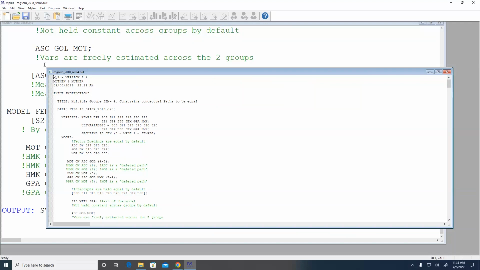So just to remind you, remember, when we want a standardized mean difference, the numerator is the difference between the means, and then we need a denominator.